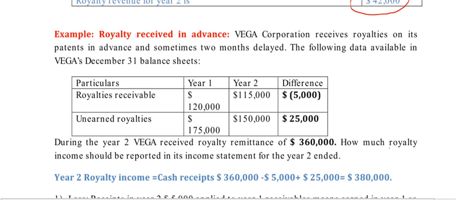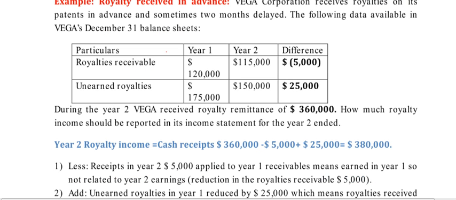Second question, most important question again. These types of questions they will ask in our CPA exam. Royalty received in advance. Vega Corporation receives royalties on its patents in advance and sometimes 2 months delayed. We also understood the concept in the previous topics.